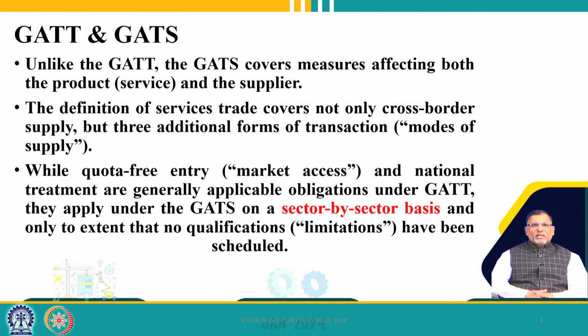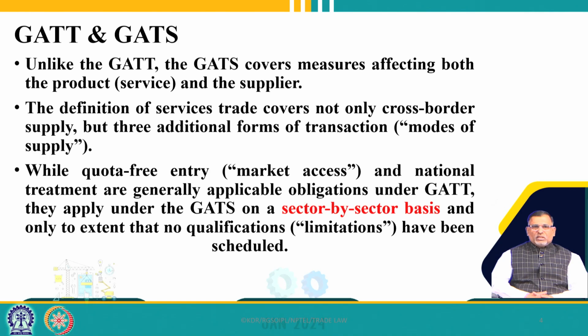Unlike the GATT, the GATS covers measures affecting both the service and the supplier of services, as we explained in the last class. That means limitations on suppliers are also included in the GATS agreement. The modes of supply are explained under 4 heads in the GATS agreement.